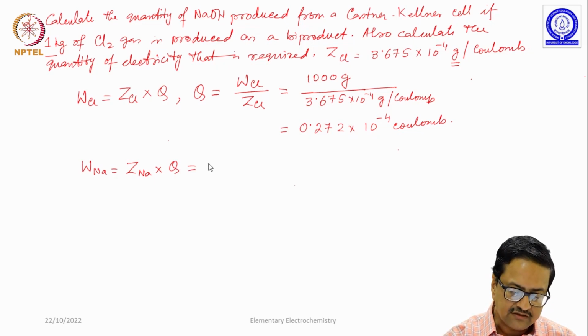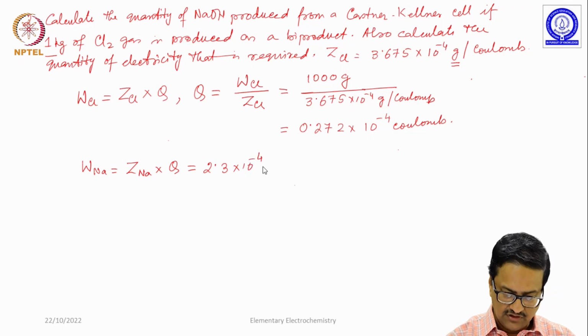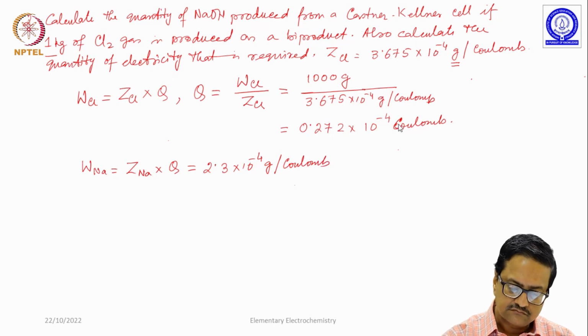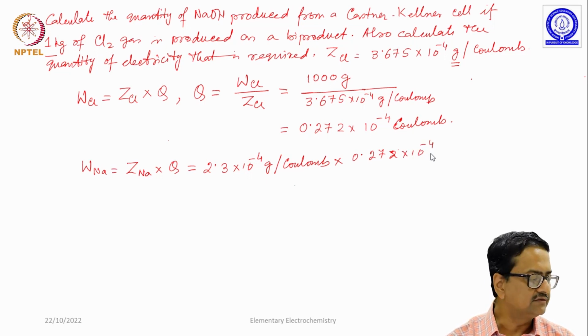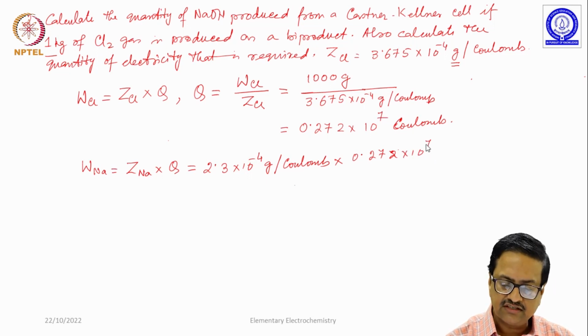This Z of sodium is 2.3 into 10 to the power minus 4 gram per coulomb, multiplied by 0.272 into 10 to the power, no sorry, this is not 10 to the power minus 4, this is 10 to the power 7 coulombs.